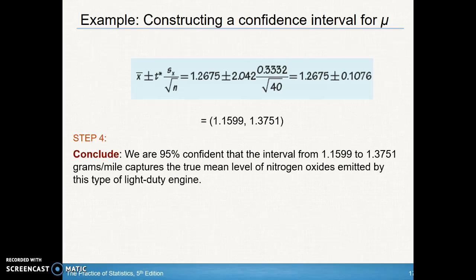You draw the same conclusion as we did with proportion. And you have to put it in context of the problem. We are 95% confident that the interval from 1.1599 to 1.3751 grams per mile captures the true mean level of nitrogen oxides emitted by this type of light-duty engine.